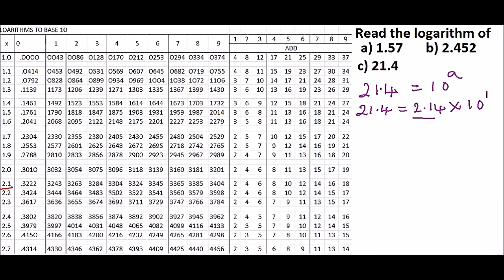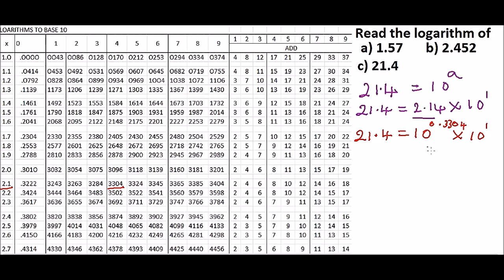We have 2.14 is this number here, 0.3304, and therefore 21.4 is equal to 10 to the power 0.3304 multiplied by 10 to the power 1.